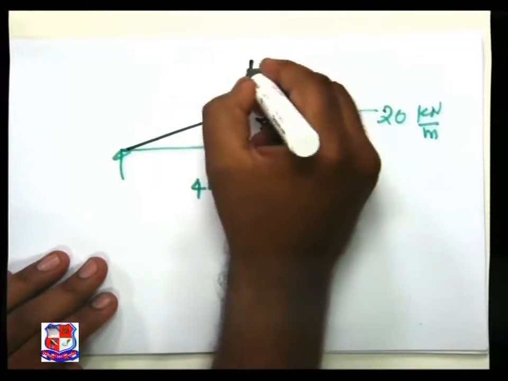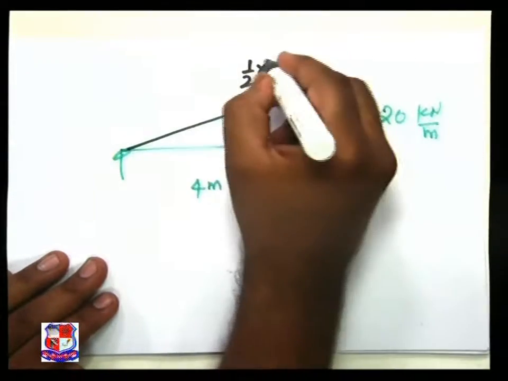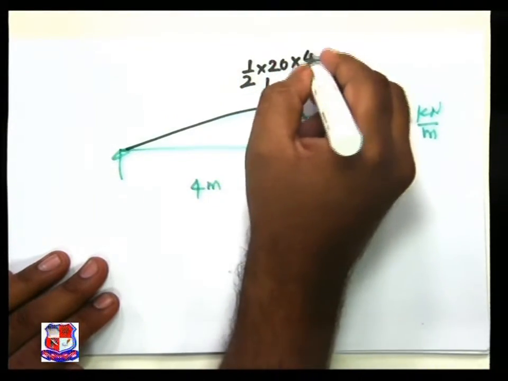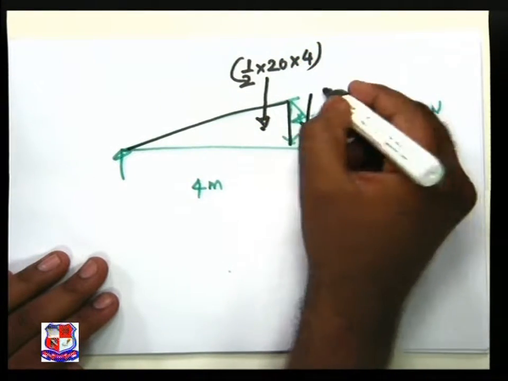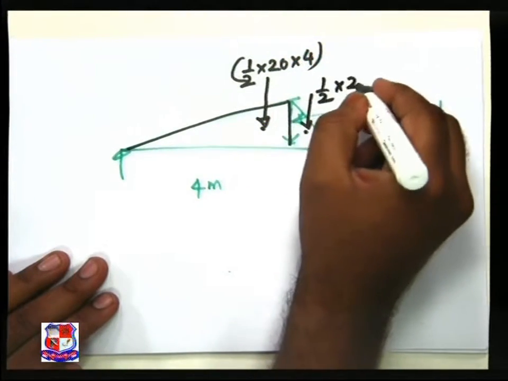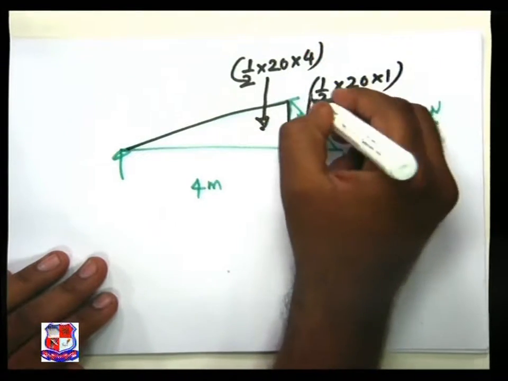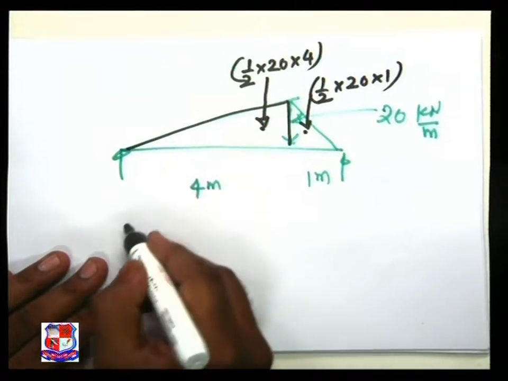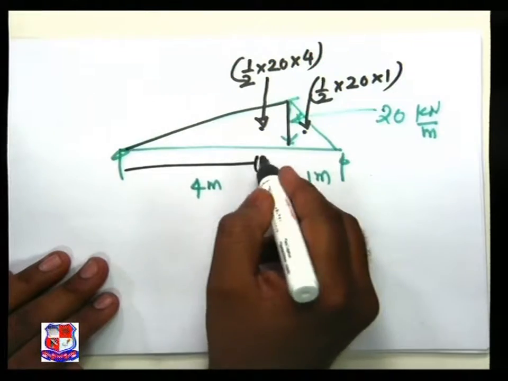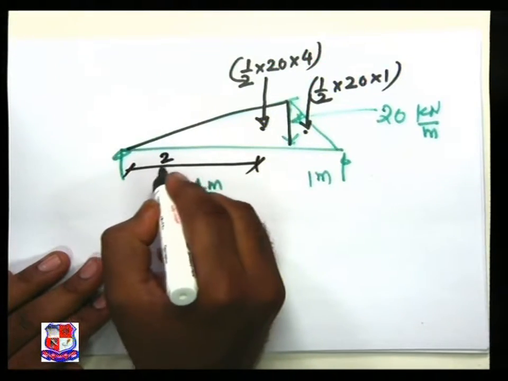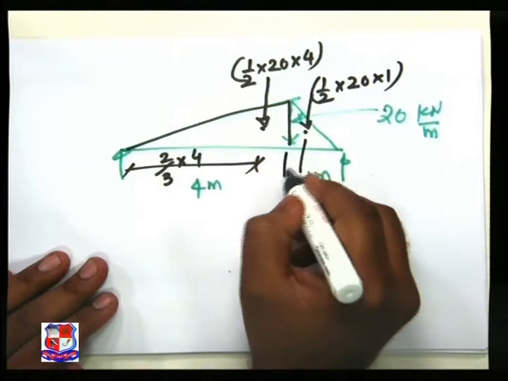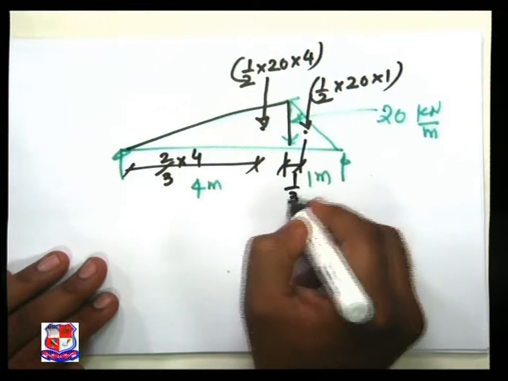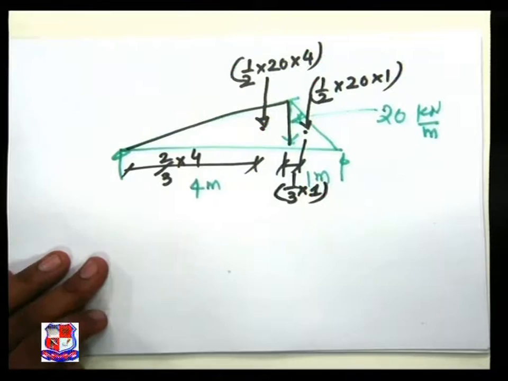Total load half into 20 into 4. This is the CG for the second triangle, half into 20 into 1, and the corresponding distance is 2/3 of 4. This distance is 1/3 of 1.